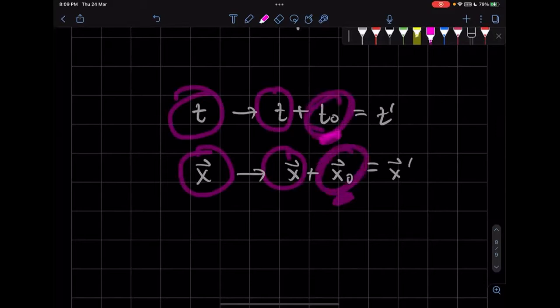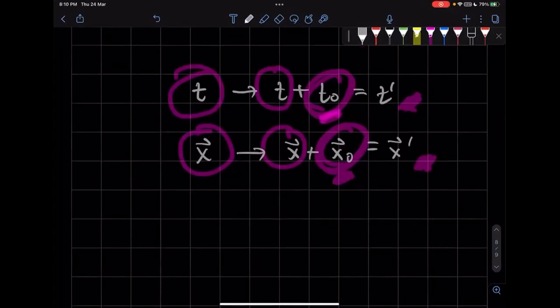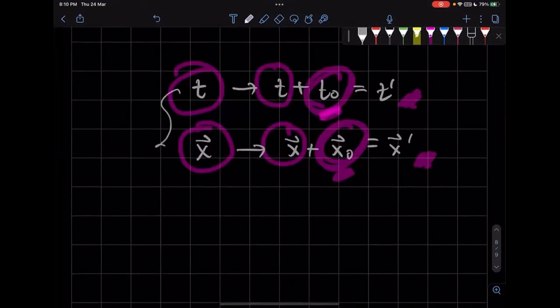Yeah, but the parameters are chosen from R4, right? I mean, the resultant T prime and X prime, we are still measuring the distance using the Minkowski metric. So is this idea like this, that translation like this won't basically change our metric, so we're good to go with R1,3 again? Yeah, exactly. It's still taking us to R1,3. So, when we are measuring, say, the interval, we are still using minus t squared plus x squared, right?